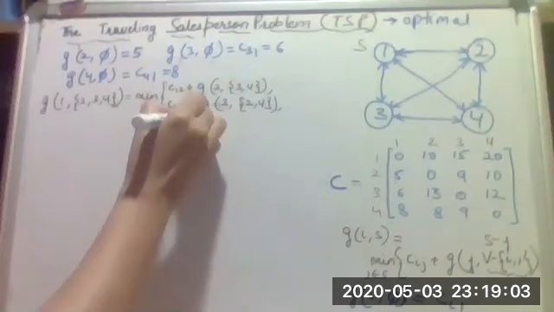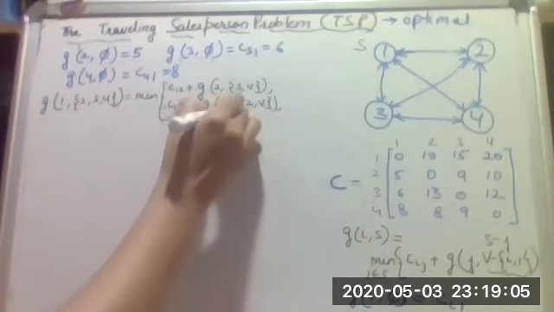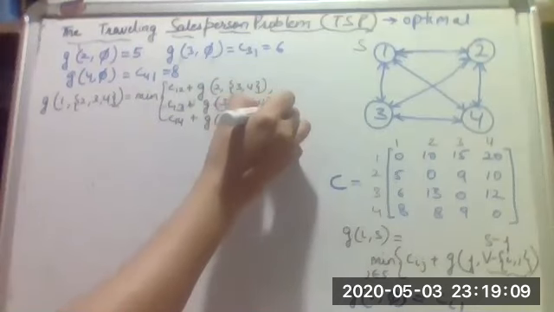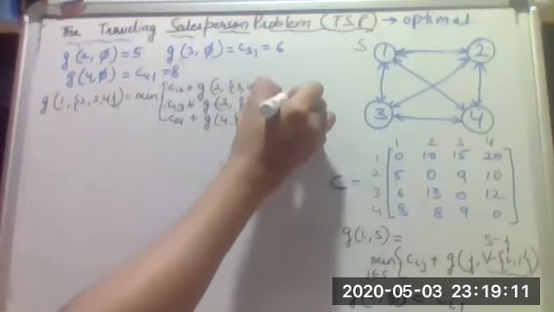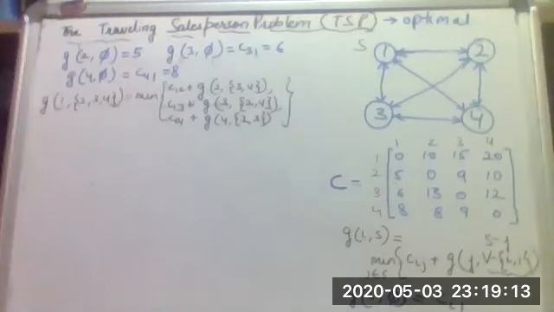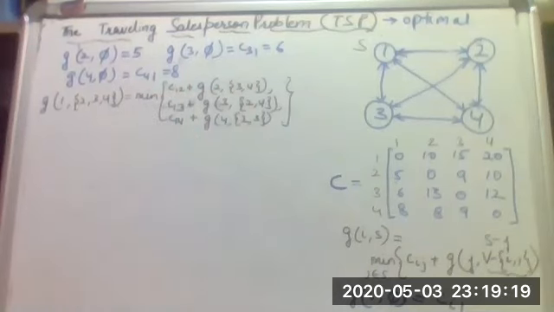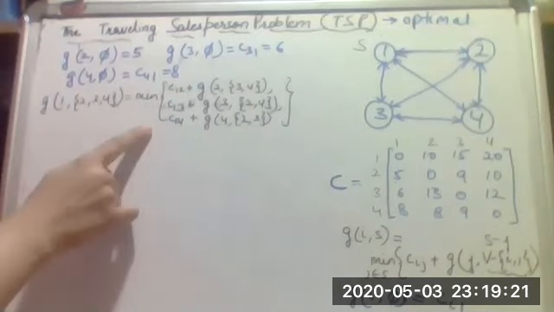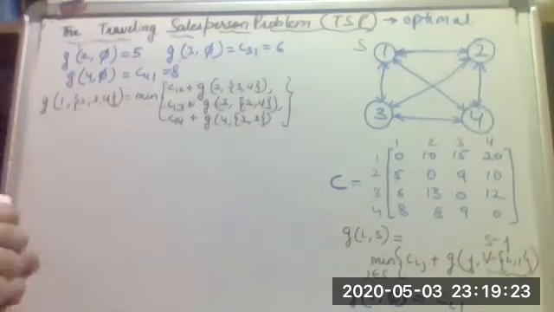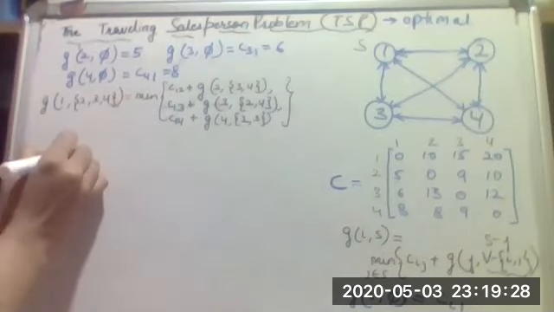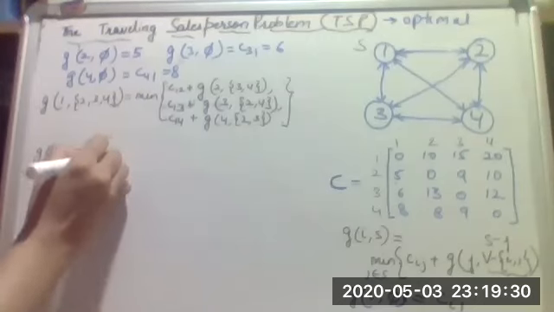If we are starting with the fourth vertex, then we are left with 2 and 3. Yes. So once we have the value of these G, then we will be able to calculate what is the minimum value. So let's start with what is G2, 3, 4.